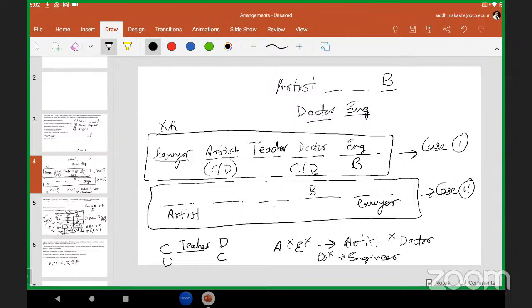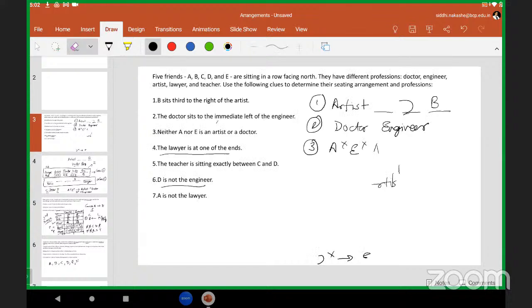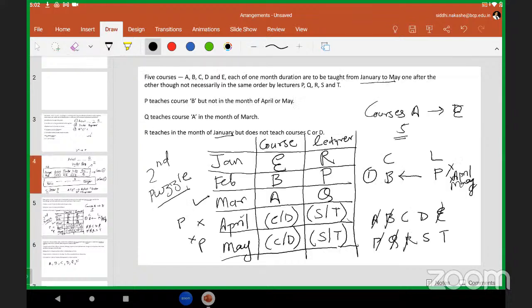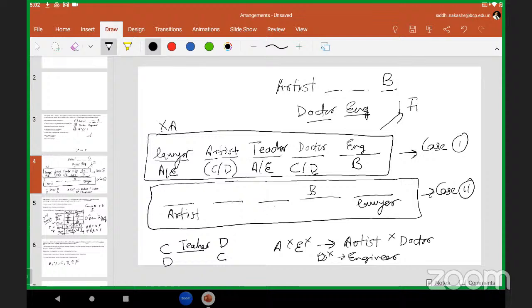And we have choices for A and E. So A and E again can be distributed over here. So there are multiple cases in this. There is no finite case for this question. So there are different cases.